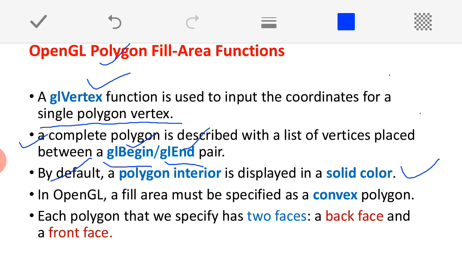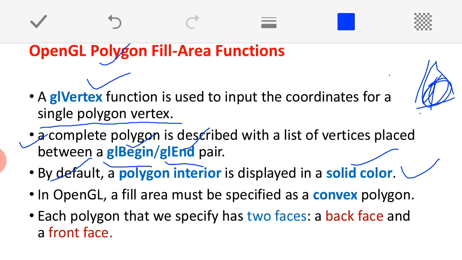For example, if I set red color first and then draw one triangle using this OpenGL symbolic constant, then my triangle will automatically come with the red fill color within it, or let it be a blue color. That is why it comes up with a solid color.